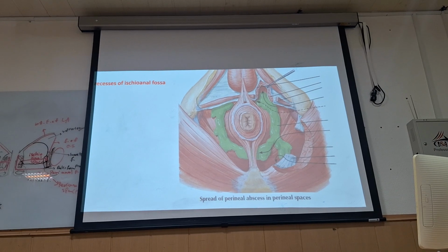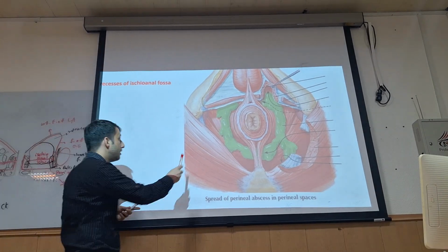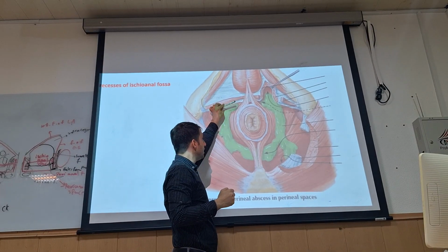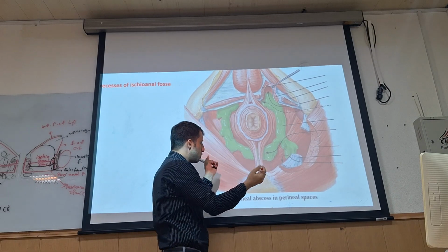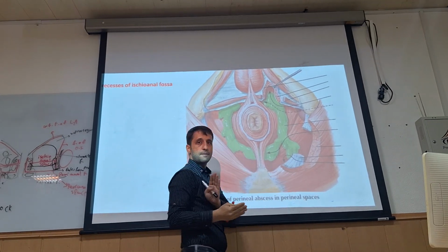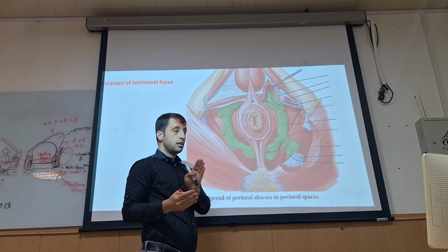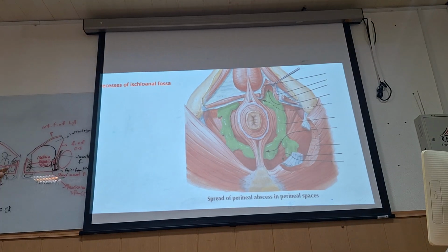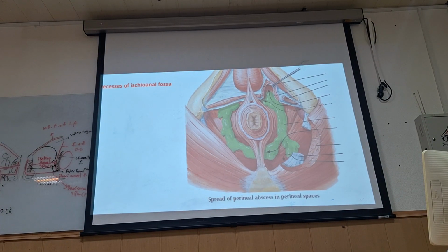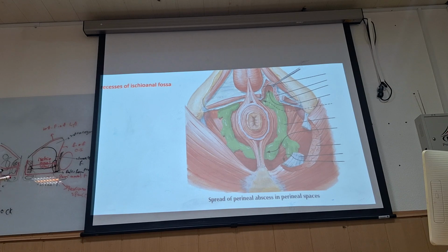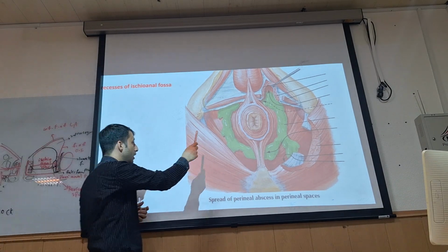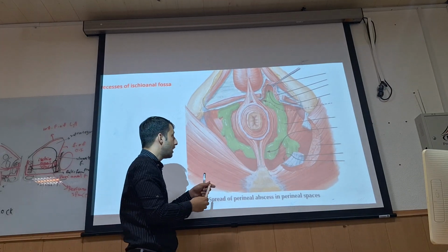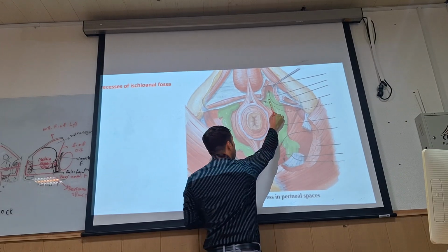For example, anteriorly it is limited by the perineal membrane. Posteriorly it is limited by gluteus maximus. Yes, but it has some recesses. These recesses spread anteriorly and posteriorly. Anteriorly, look here. If I draw out the perineal membrane, I can see that this space spreads to this area.